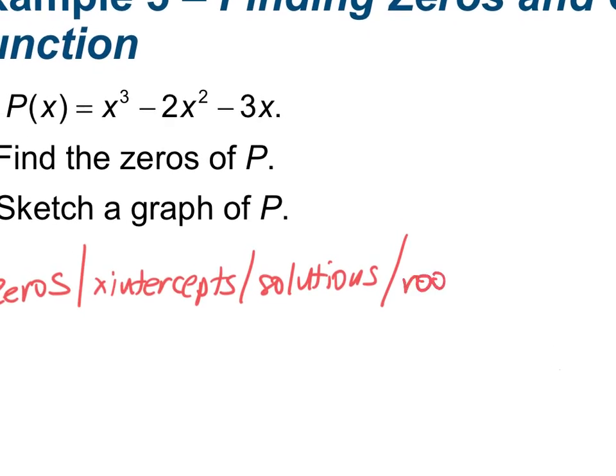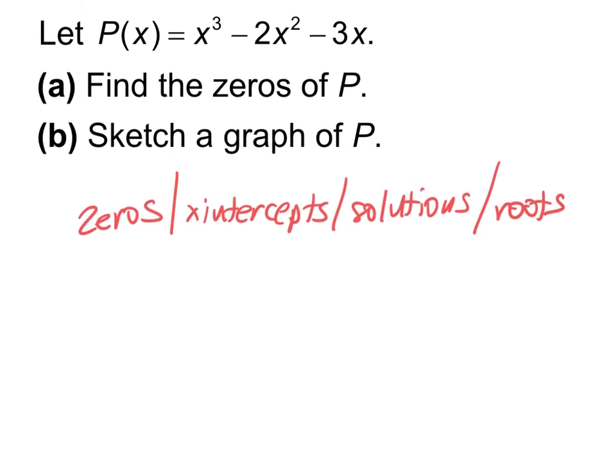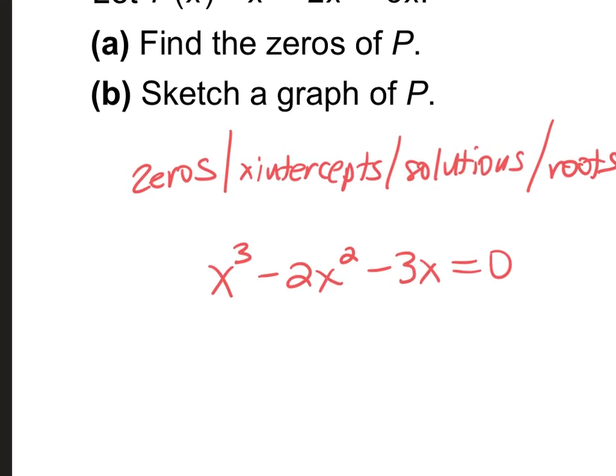Roots. So I'm going to say x cubed minus 2x squared minus 3x equals 0. When we factor, what's the first thing we look for? Is there a GCF? Yeah. Okay, I can take out an x, and I'm left with x squared minus 2x minus 3 equals 0.